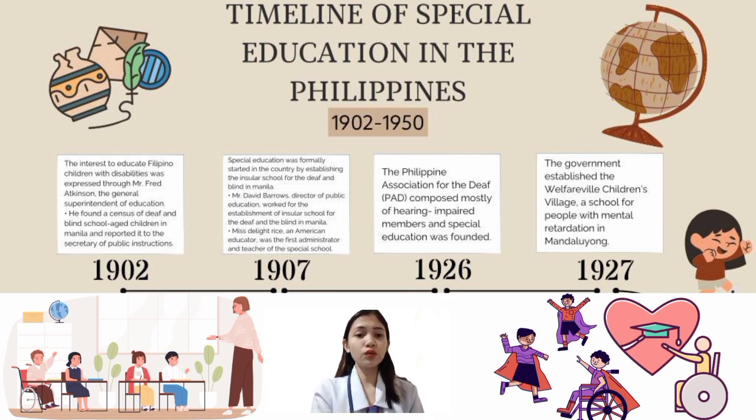In the year 1926, the Philippine Association for the Deaf, or PAD, composed mostly of hearing-impaired members and special education, was founded. In 1927, the government established the Welfareville Children's Village, a school for people with mental retardation in Mandaluyong.